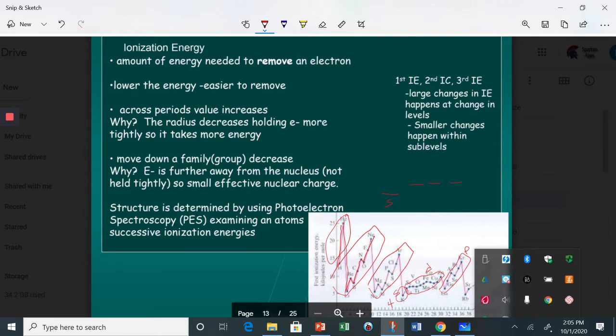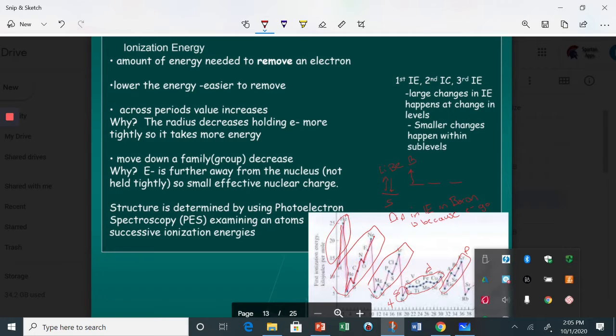If you look at these two, I said this was lithium and beryllium, and then when you go here, you're going to boron. Now boron, that dip in IE going across left to right, is because you go to a higher shell.